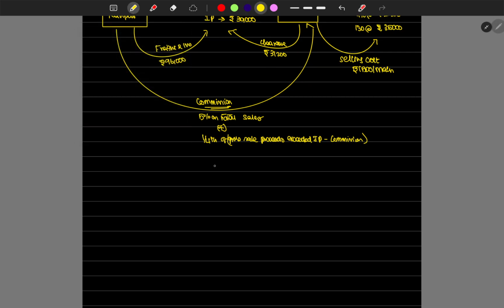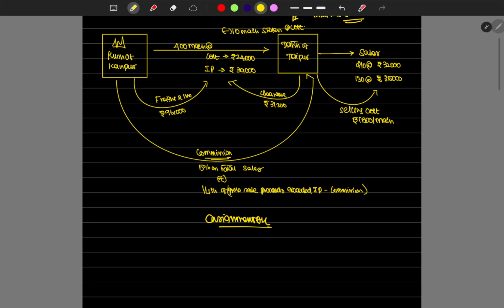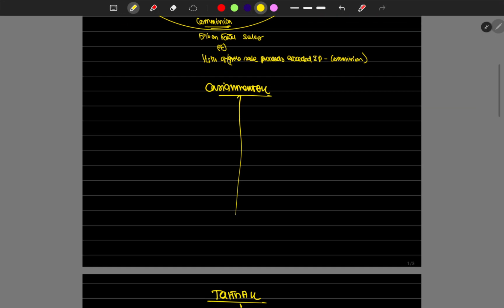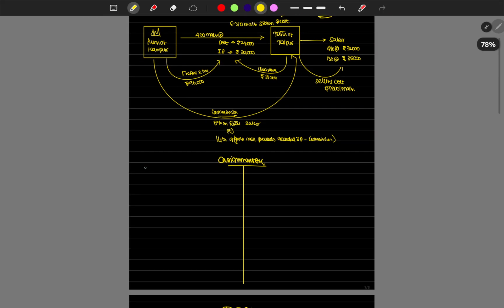Okay, what are all the accounts we have to open? Consignment account, Jatin account, loss in transit. First thing, usually, goods sent on consignment.